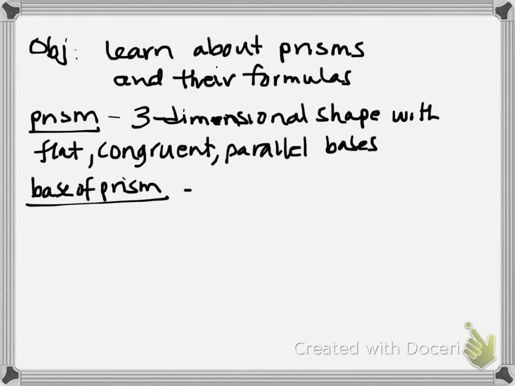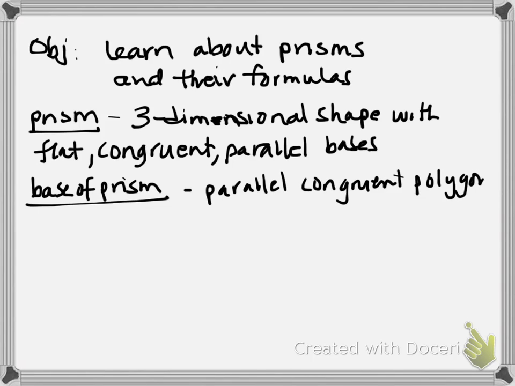So those are going to be the parallel, congruent polygons. And a prism is going to be named by that polygon that is the base. So if the base is a triangle, it's going to be called a triangular prism. If the base is a square, it is going to be called a square prism or cube.